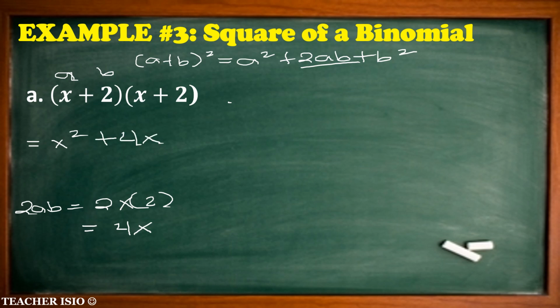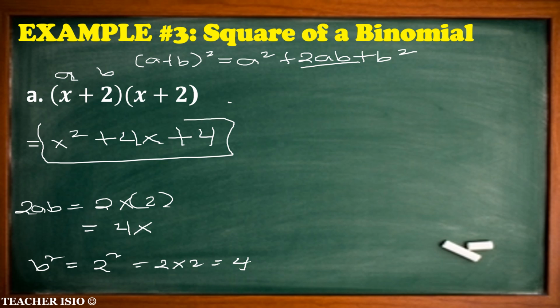And then, we have b squared. Our b squared here is 2. Therefore, we have 2 squared. So, 2 times 2, we have 4. Therefore, the answer is x squared plus 4x plus 4. Okay? So, ito ang gagamitin natin when it comes to square of a binomial.